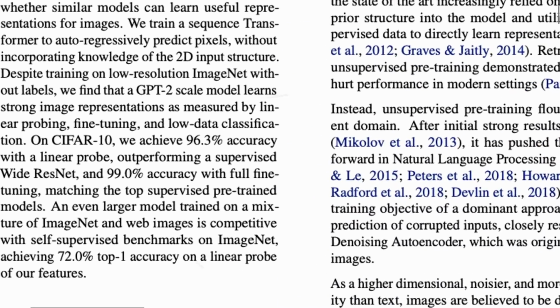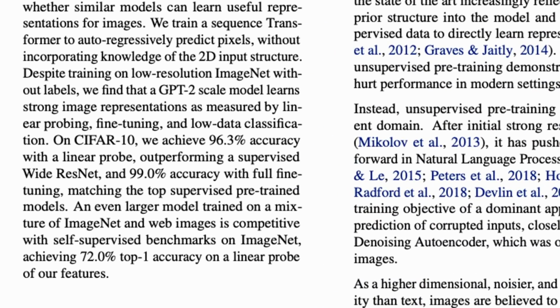And the answer is here, they say, on CIFAR-10, we achieve 96.3% accuracy with a linear probe, outperforming a supervised wide ResNet, and 99% accuracy with full fine-tuning, matching the top supervised pre-trained models.